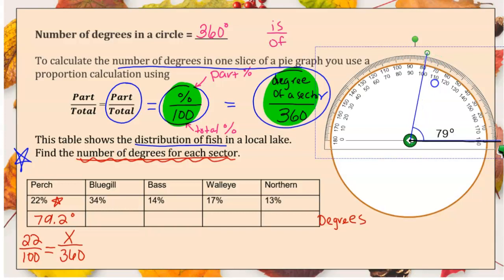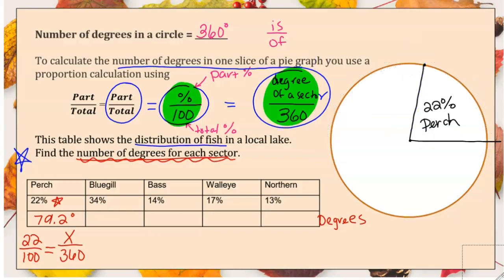So I'm estimating and getting close. I'm going to draw the line here to connect from the center to that 79 degrees. And this is 22% of our data, and that's 22% of our fish in the lake are perch.